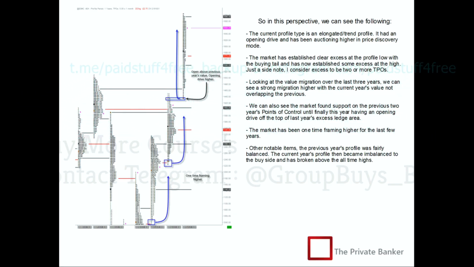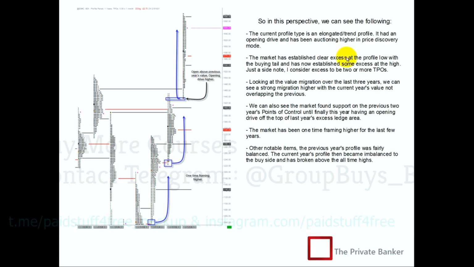So again, the current profile type is an elongated trend profile. It had an opening drive and has been auctioning higher in price discovery mode. Really what we're seeing here is a complete rejection of our previous profile. Not only that, but we're seeing a very long, elongated profile compared to what we had previously. So that alone is a very important piece of information.